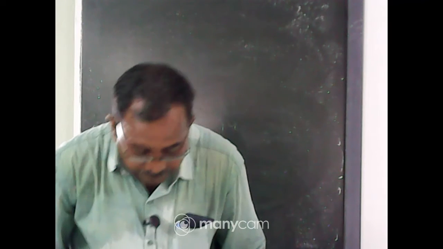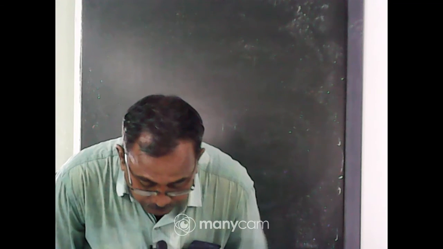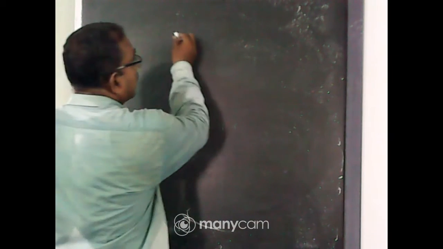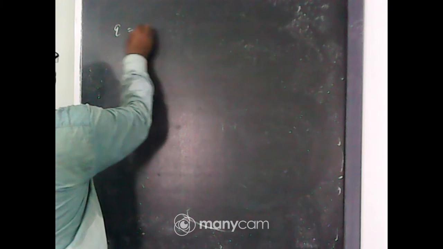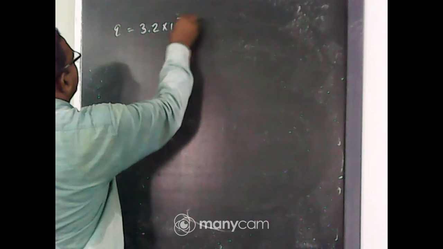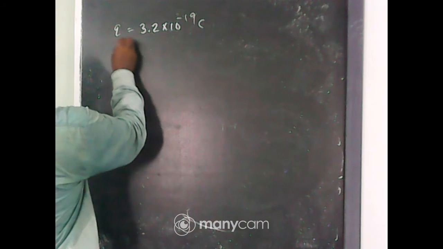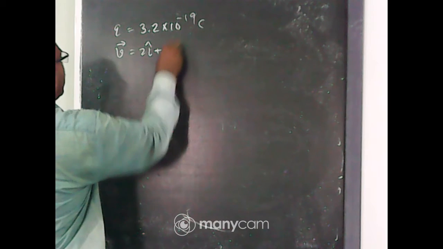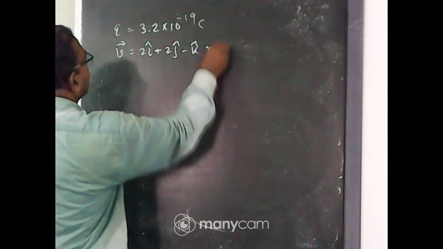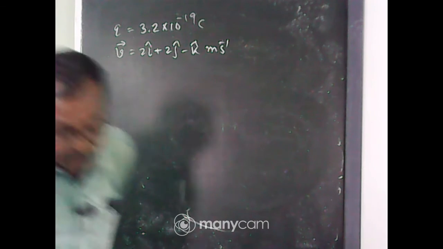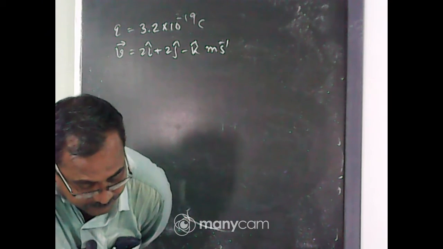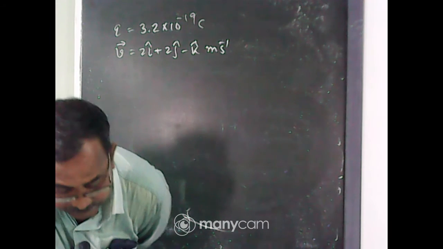Suppose one numerical: a proton, a positive charge Q equal to 3.2 into 10 to the power minus 19 coulomb, moves with a velocity v equal to 2i plus j minus k, through a region where both electric and magnetic fields exist.